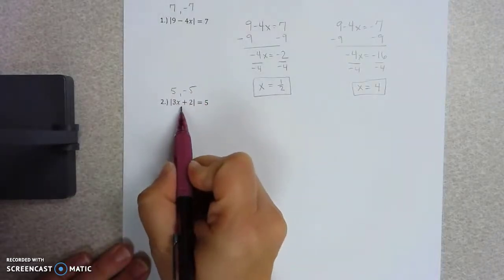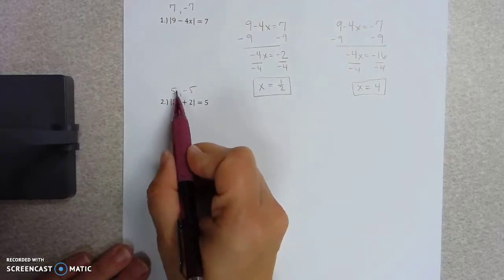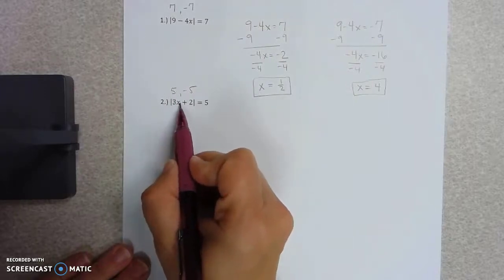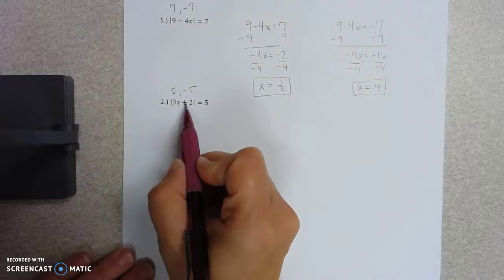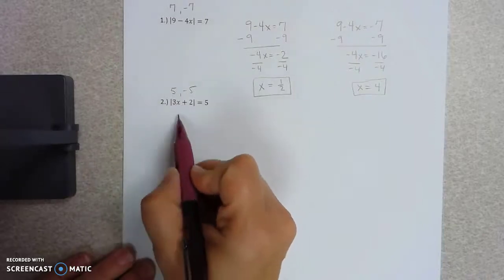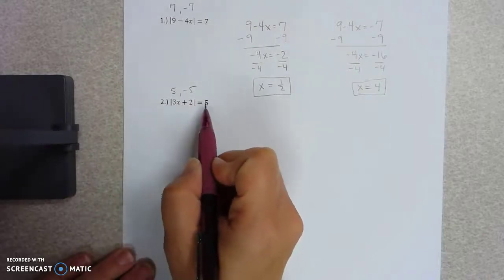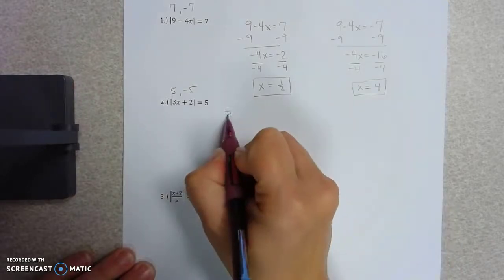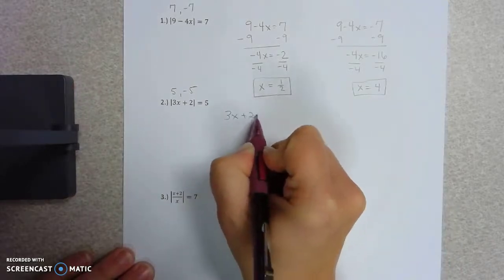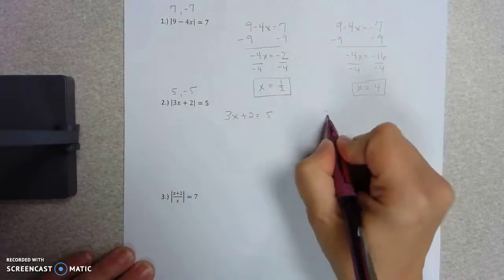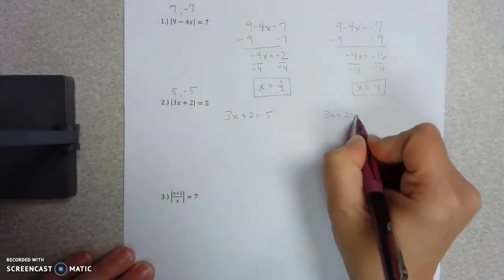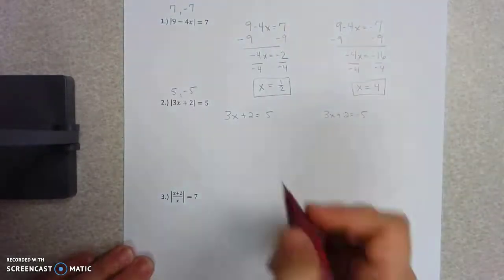So we have to determine what will make 3x plus 2 equal 5, and what will make 3x plus 2 equal negative 5, so that when we take the absolute value, we get 5. We're going to work it out twice: 3x plus 2 is 5, and 3x plus 2 equals negative 5.